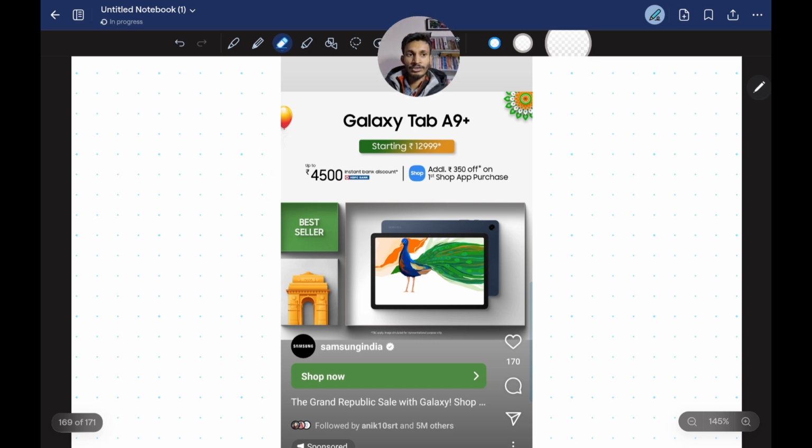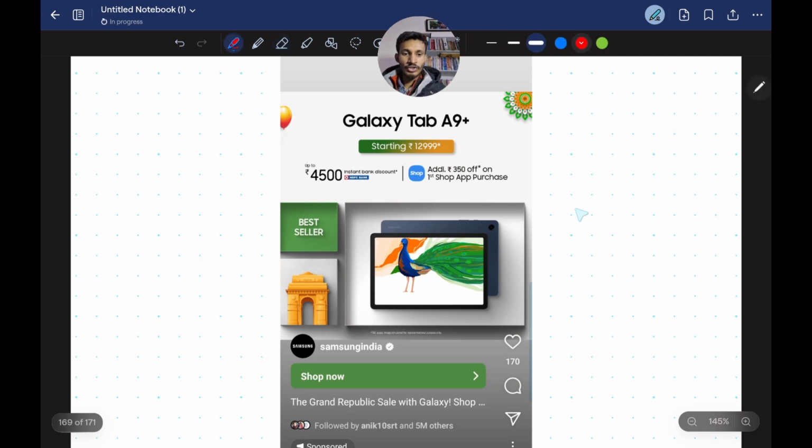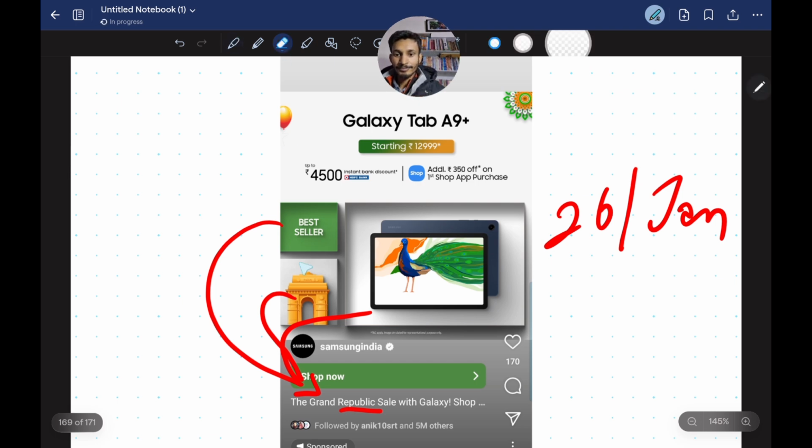I have taken this screenshot and I'm recording it on the 15th of January, and on 26th of January we have, as you can see even in the ad copy, our Republic Day. So just by using the colors they have indirectly pointed to the fact that this ad is focusing on the sale on Republic Day, right?